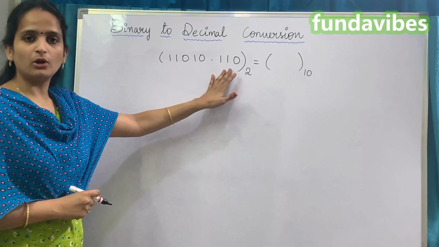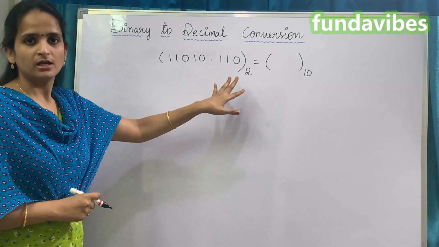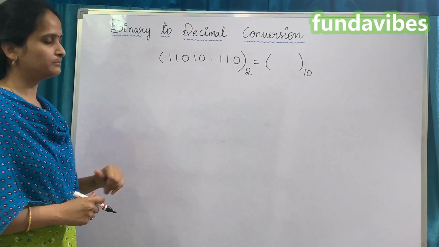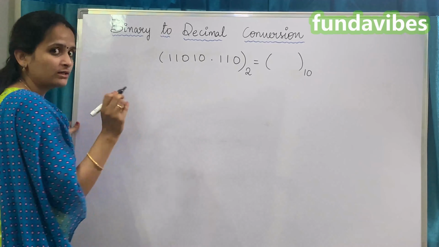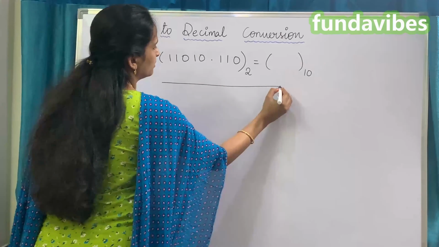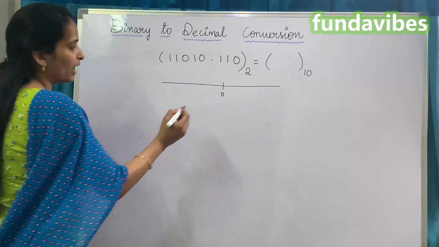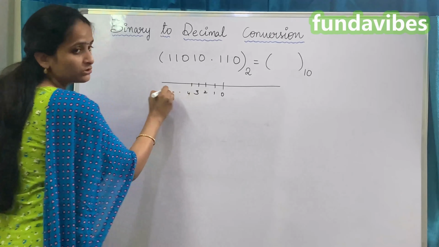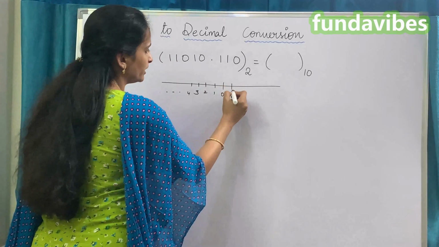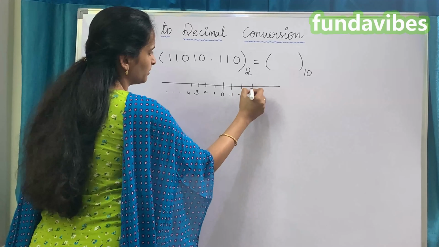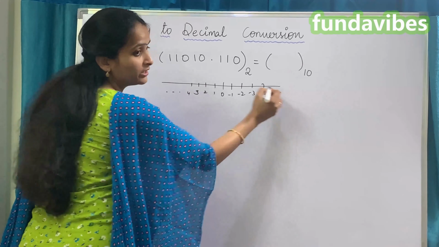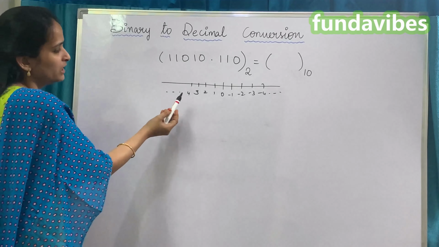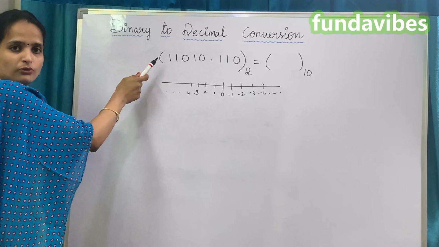The same process is carried out on the right hand side of the decimal point. For example, consider this scale. This is 0 and 1, 2, 3, 4 and so on. The right hand side of 0 will be -1, -2, -3, -4 and so on. The same process carries over here.